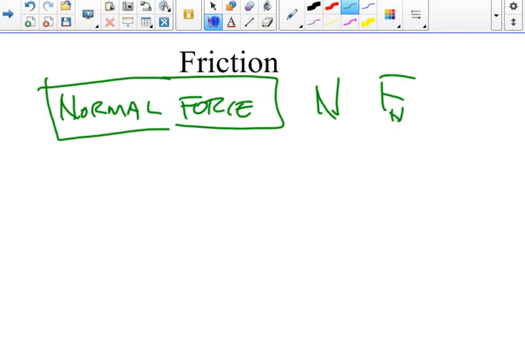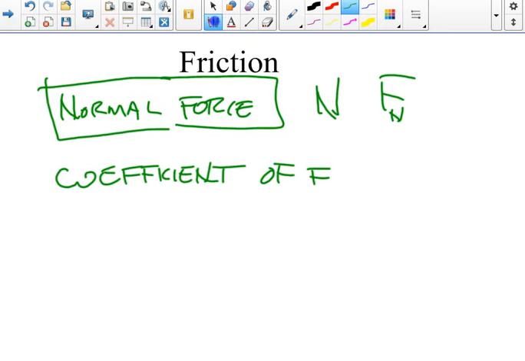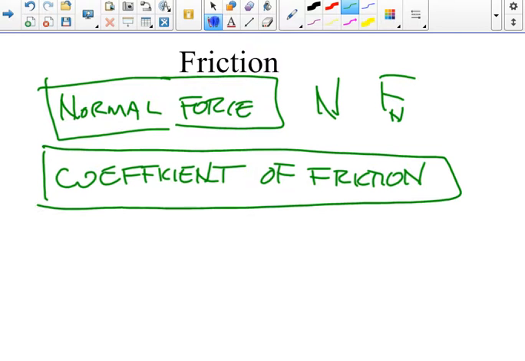And the only other thing that matters is the types of surfaces involved. Now, that is called the coefficient. The number that we use is the coefficient of friction. And there are an infinite number of these coefficients of friction. They are just numbers that describe how sticky two substances are in relation to each other.